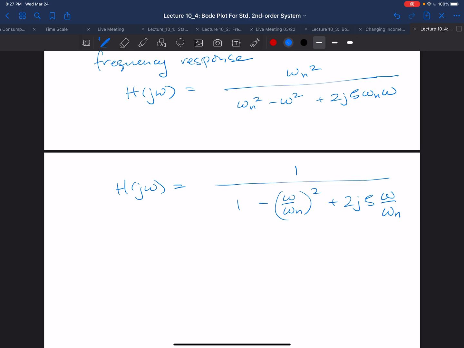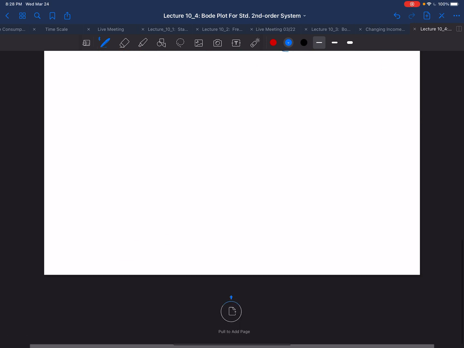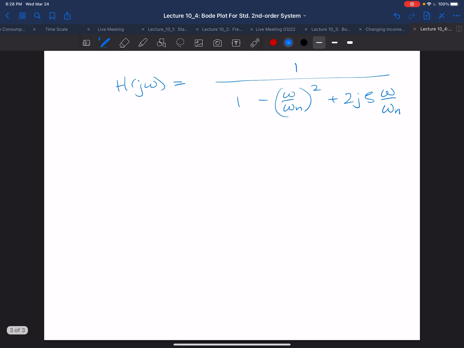Once again, we're going to plot low and high frequency asymptotes. And in this case, low frequency is going to mean omega is much less than omega n, and high frequency means omega is much greater than omega n. So let's go ahead and look at how we might sketch the magnitude plot. That's a plot of the modulus of H of j omega in decibels.